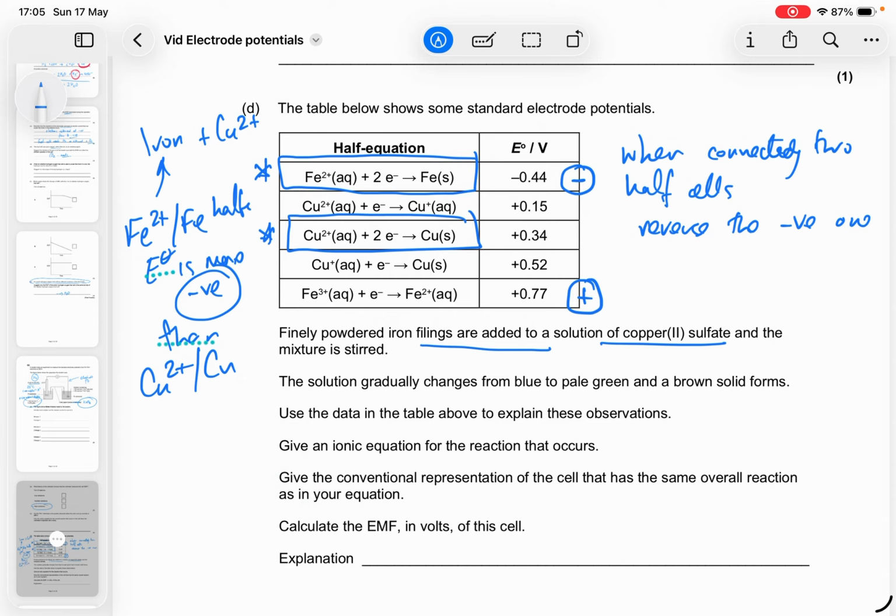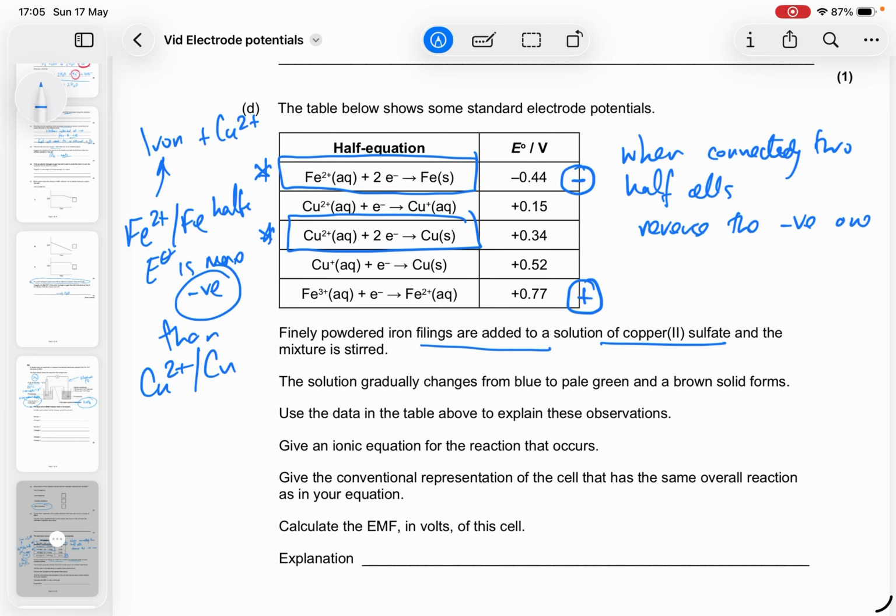So iron will reduce copper. That we know. Iron will react with copper. And that's an important reaction we are looking at here.